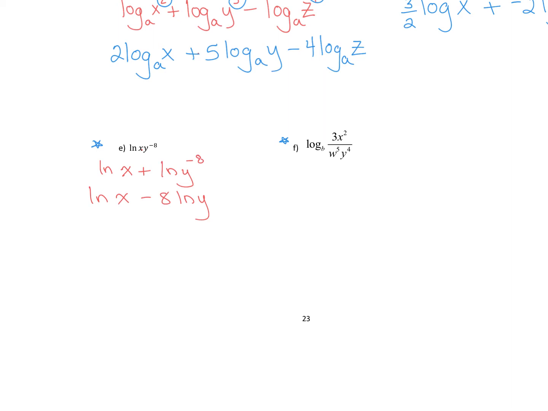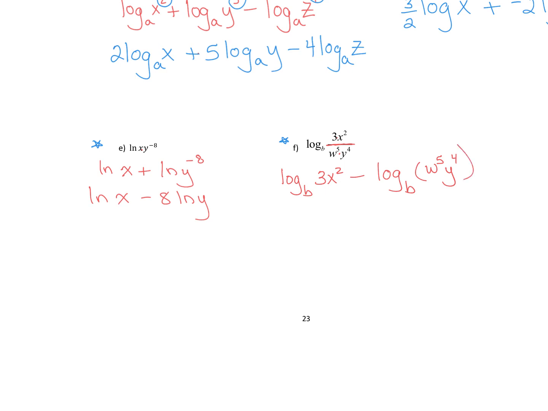The second example, F, we have again some products. We have a quotient and we have some powers. So I'm going to do this in a step-by-step format. So we'll have log base b of the numerator, 3x squared, minus log base b of w to the fifth, y to the fourth.